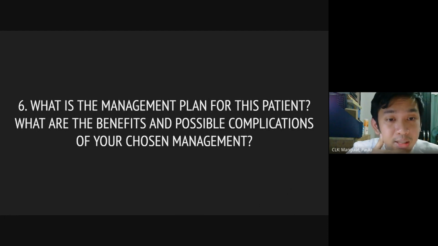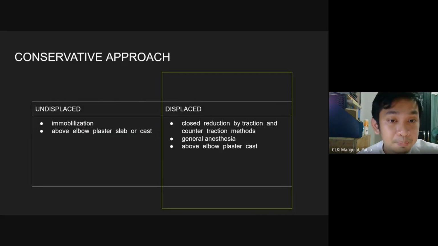So next is, what is the management plan for this patient and what are the benefits and possible complications of your chosen management? Okay, so first we have two approaches: a conservative approach and a surgical approach. Take note that the conservative approach is different for an undisplaced fracture and a displaced fracture.